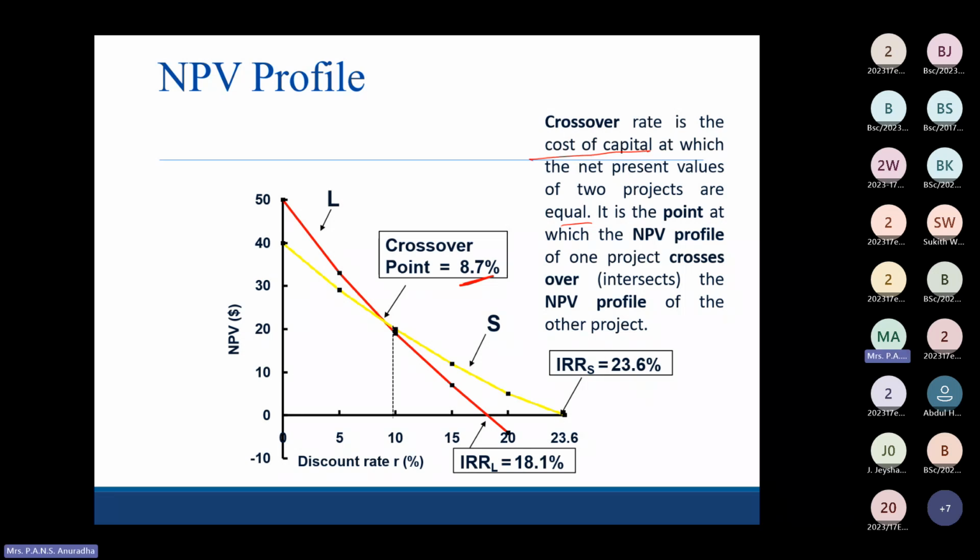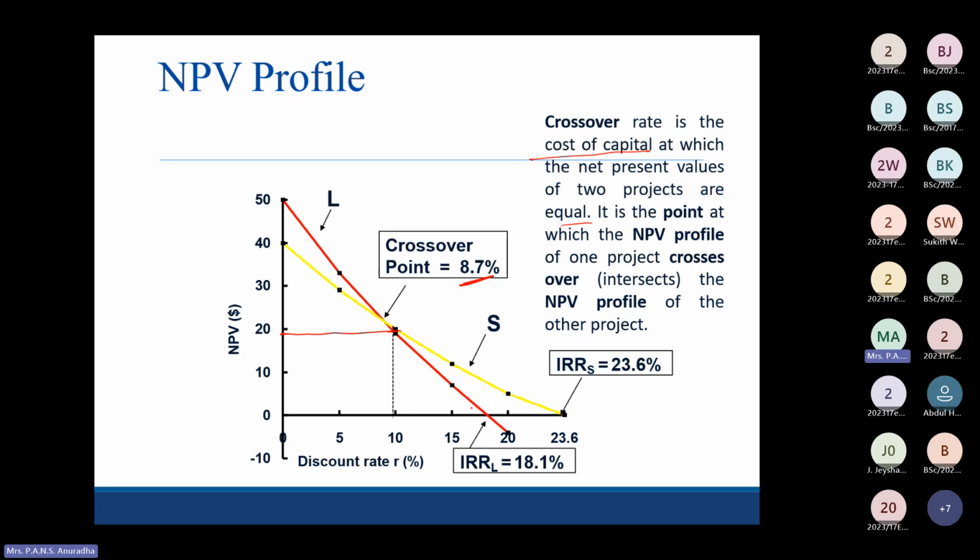So at an 8.7% cost of capital level, both projects have the same net present value.